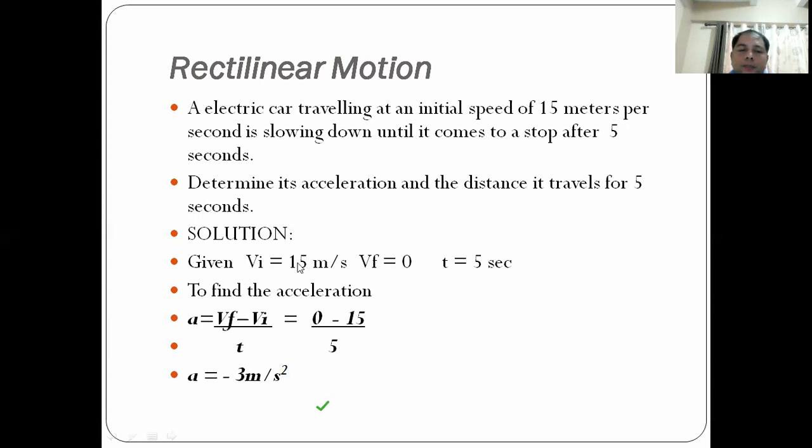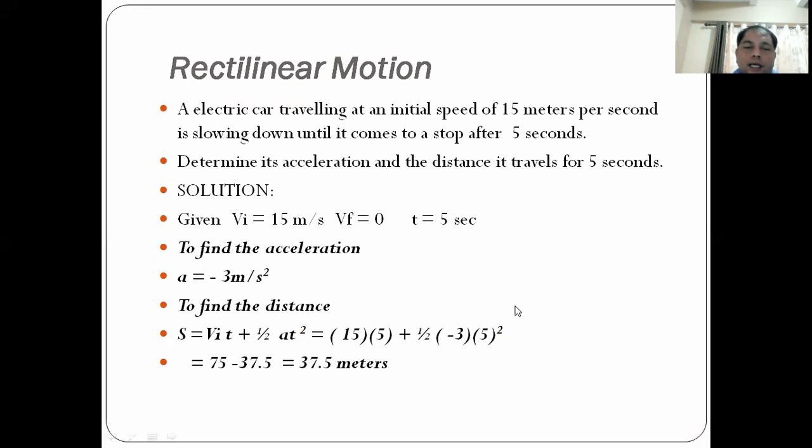If you substitute these values into our equation, we have 0 minus 15 divided by 5. So negative 15 divided by 5 gives us negative 3 meters per second squared. So this is our first value. The body will now slow down with a uniform acceleration, or deceleration, of -3 meters per second squared.